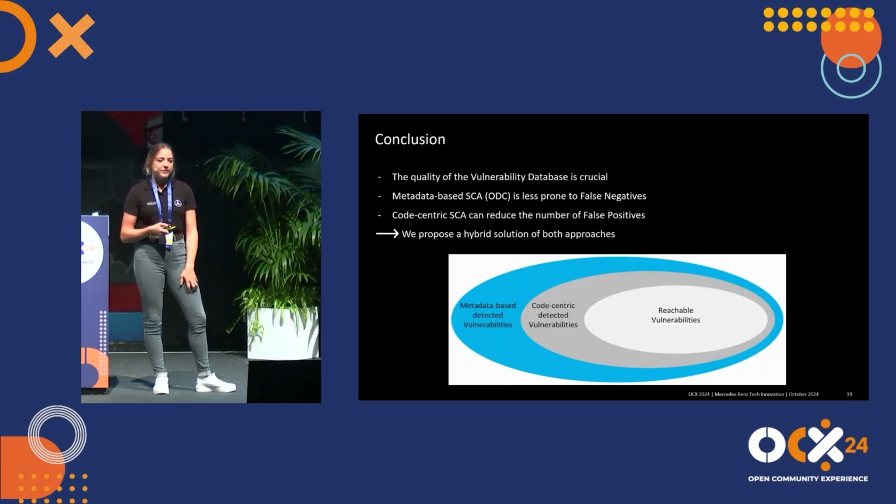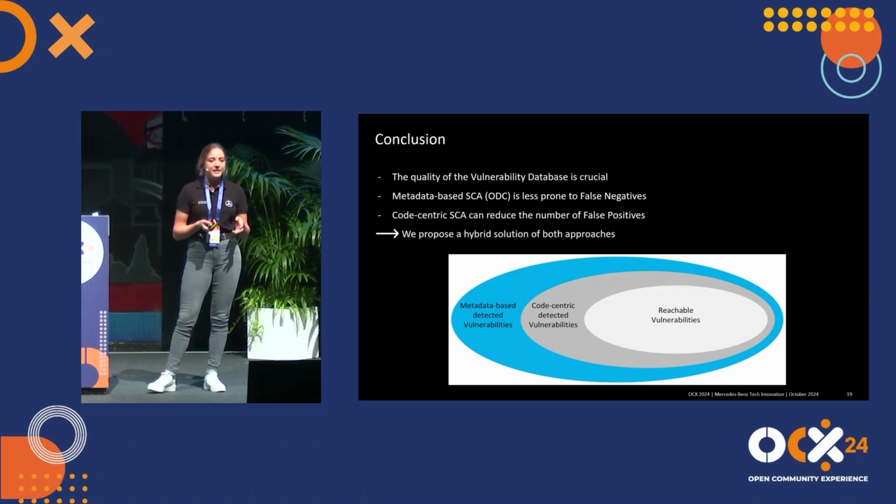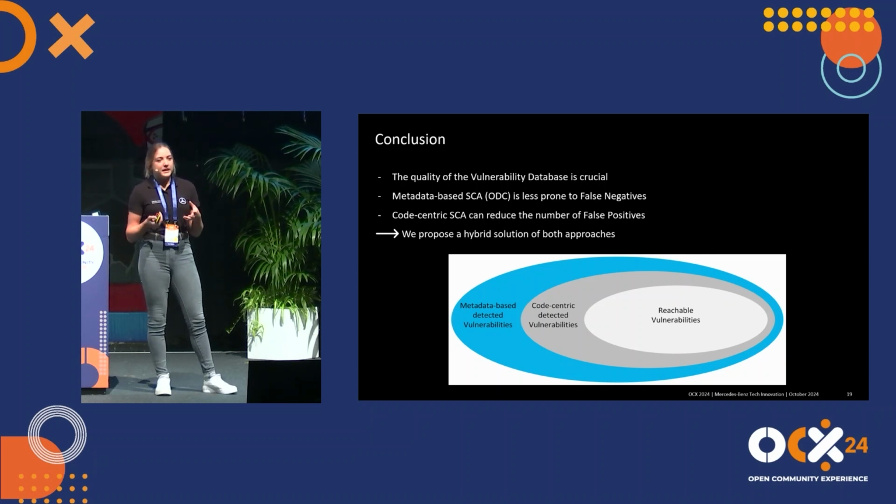This brings us to our conclusion. We notice the quality of the vulnerability database is crucial for correct finding and correct detection. We found that the metadata-based approach of the OWASP Dependency-Check was less prone to false negatives. And we also found that the code-centric software composition analysis approach could reduce the number of false positives.